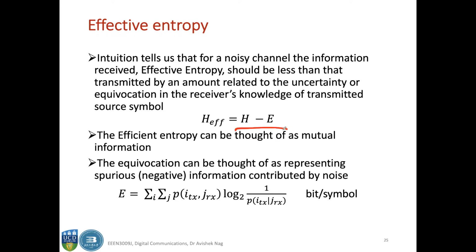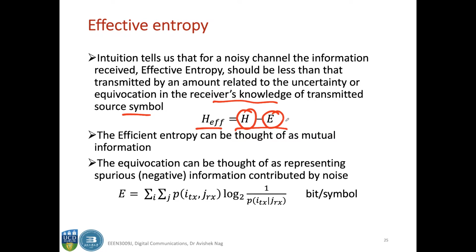So for a noisy channel, from intuition you can say that the information received should be less than that transmitted by an amount related to the uncertainty or equivocation in the receiver's knowledge of the transmitted source symbol. So whatever the entropy is, you are deducting a term called equivocation, and then you are defining the effective entropy.